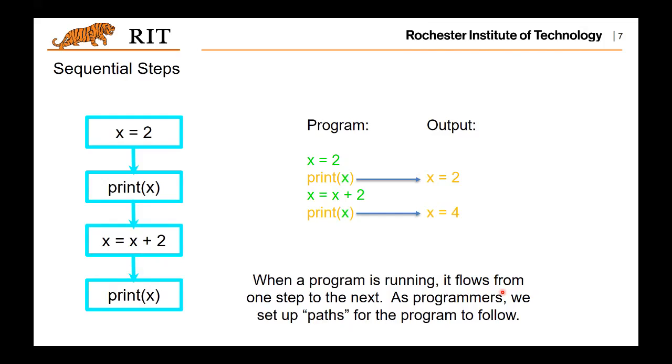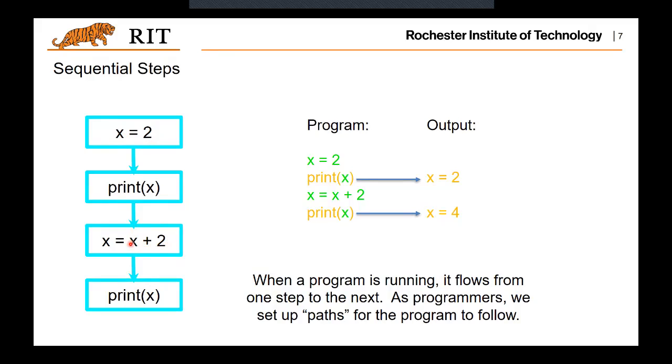So you can print it out, and then you can change the value stored in the variable by such an operation. Basically, x plus 2: currently the value stored in x is 2, so 2 plus 2 is 4.